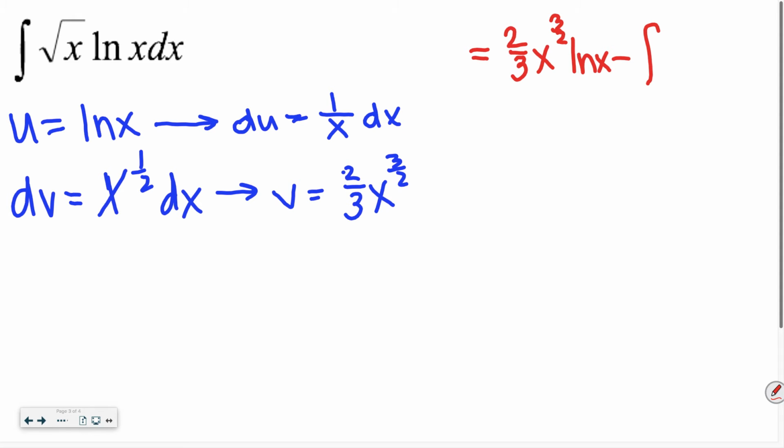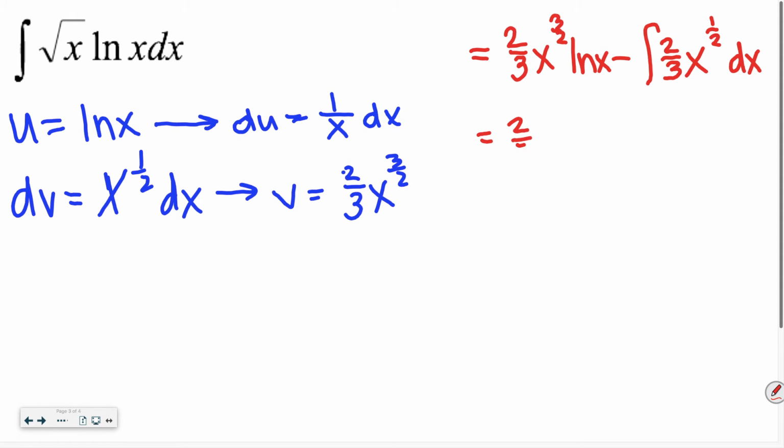What happens when we take v and we multiply it by du? That would be 2/3 x to the 1/2 power. Are you in agreement? Okay, we have to divide. The exponent has a 1, so when we subtract, we get the 1/2 power.